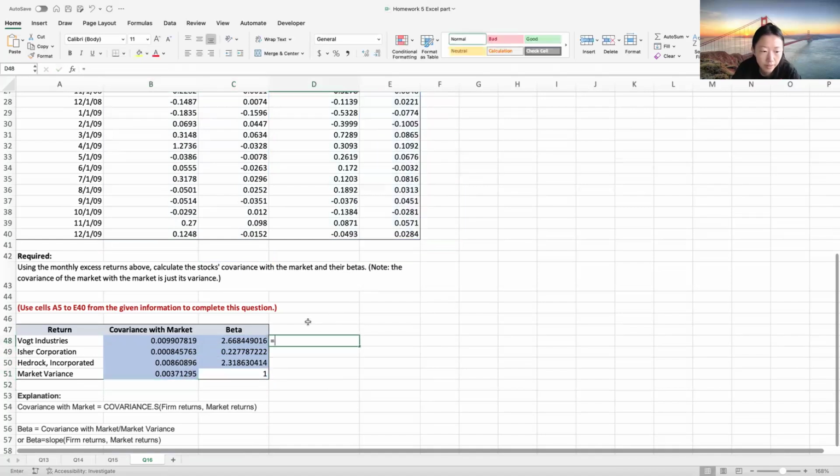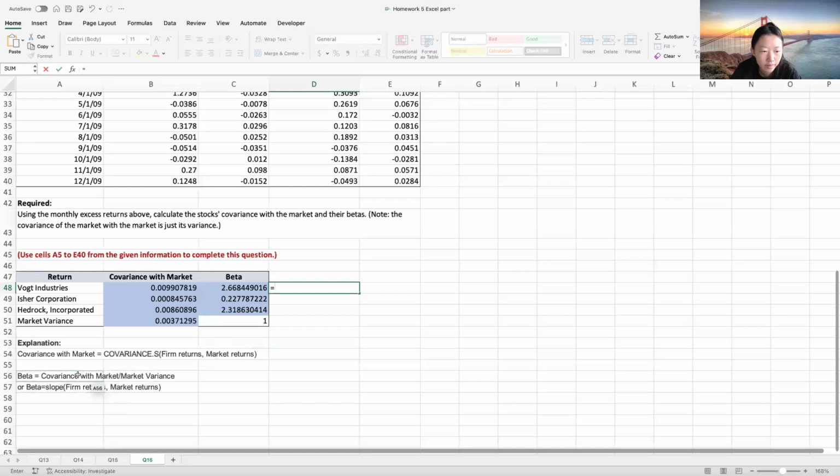So let me test another way of calculating it. I'm going to calculate it following the hint, using covariance divided by the market variance. Second one, covariance divided by the market variance.